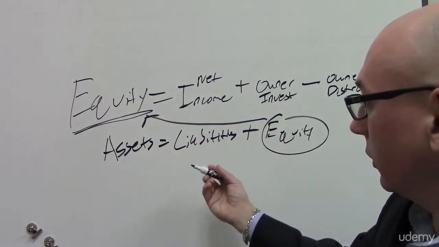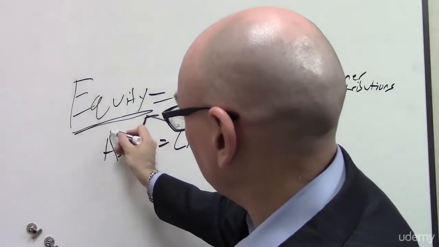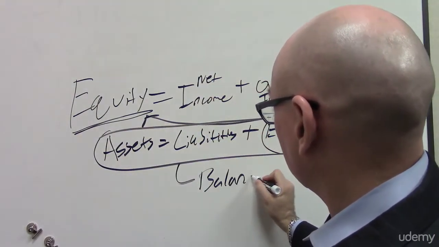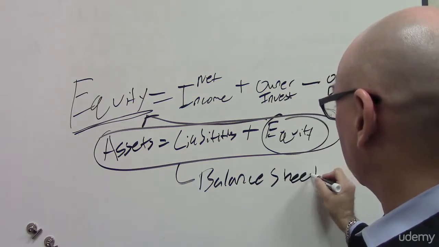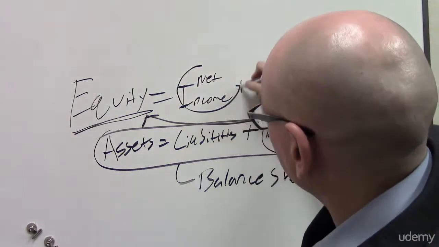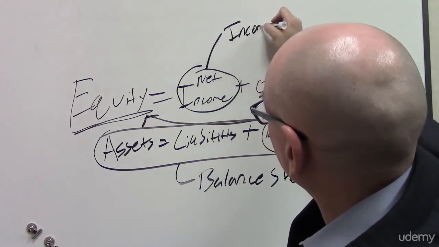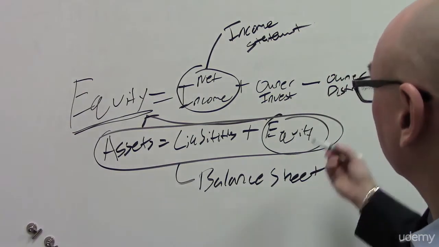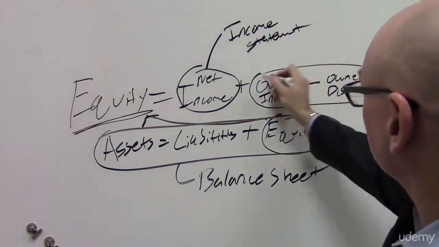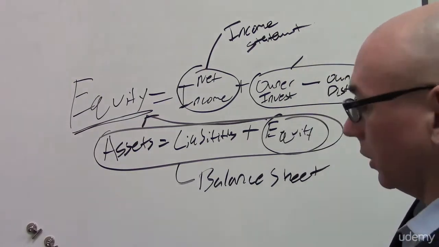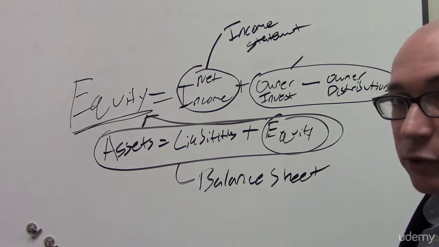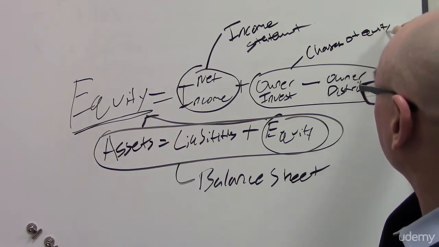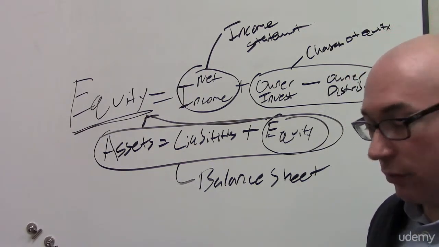Then we have assets and liabilities, and all this is on the balance sheet. This is on the income statement. And this is on the statement of changes in equity. That's all there is to it.